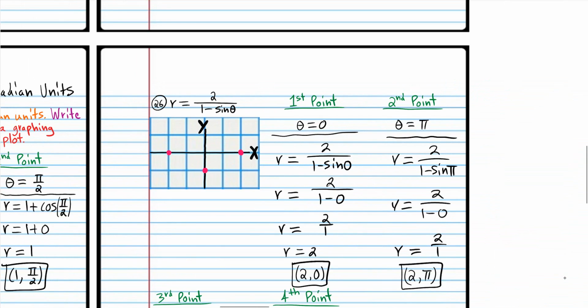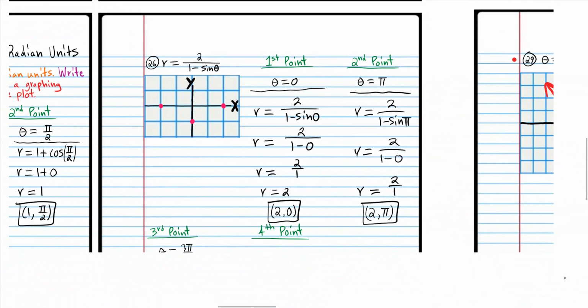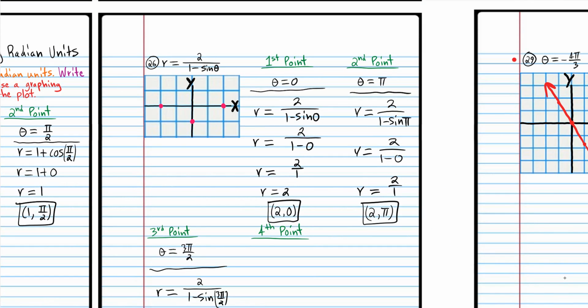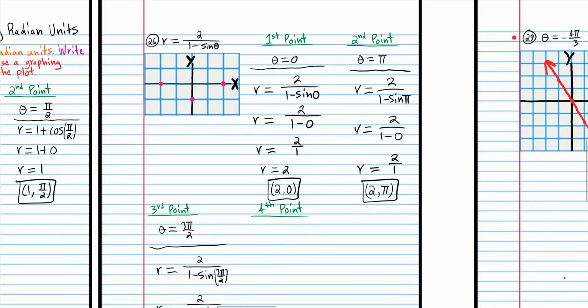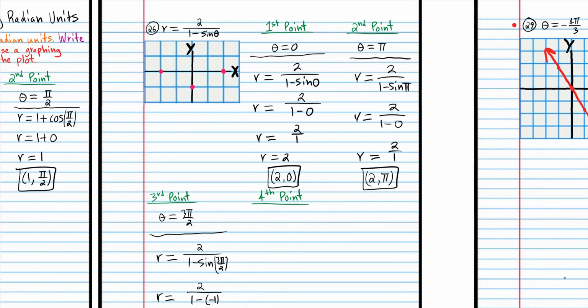Now we just need one more point, and at this juncture it's really going to be better to use an angle that is not quadrantal.